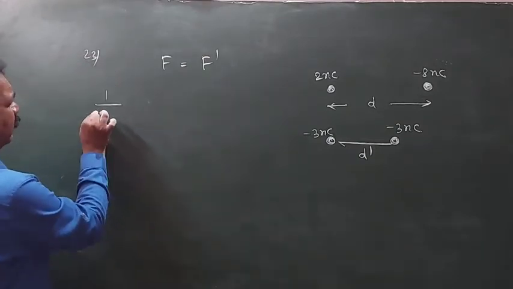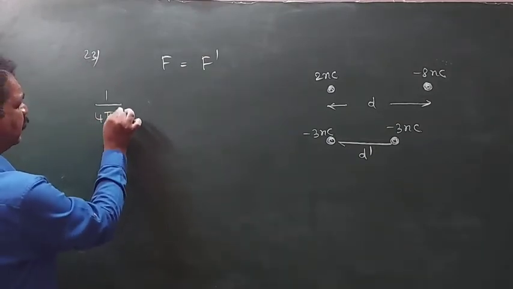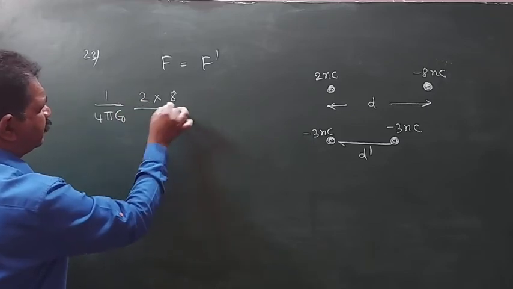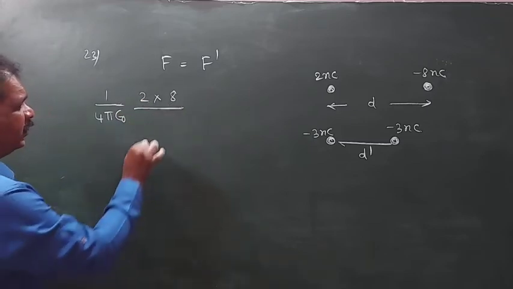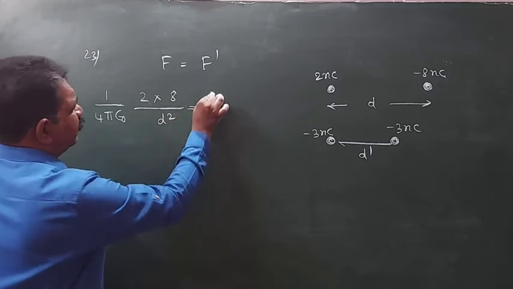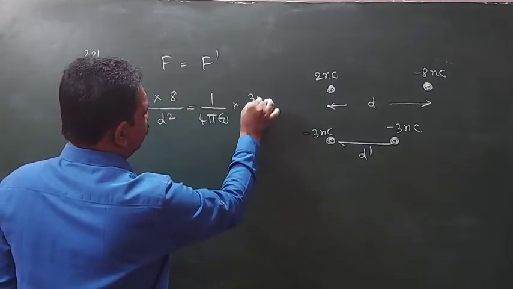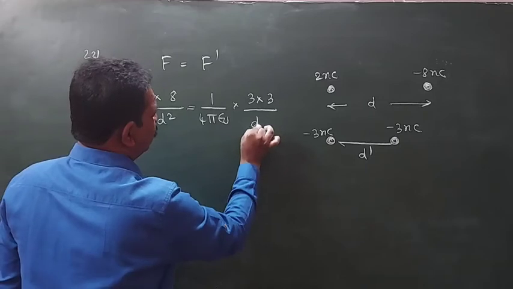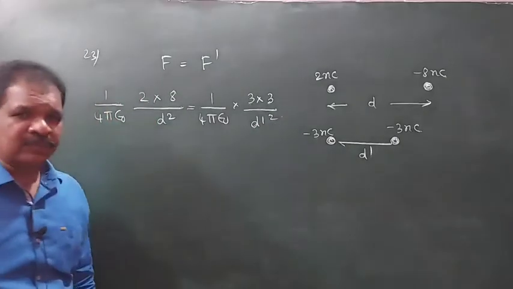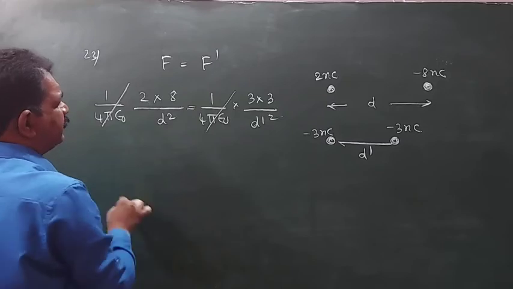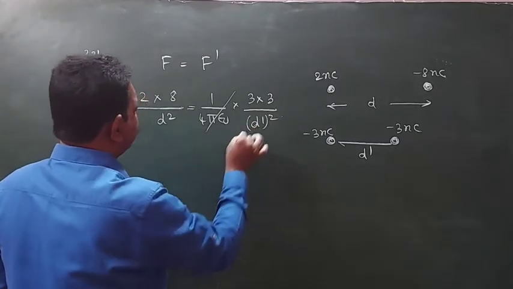1 by 4 pi epsilon naught 2 into 8, just take the magnitude, by d square, equals 1 by 4 pi epsilon naught 3 into 3 by d dash square. 1 by 4 pi epsilon naughts will cancel.